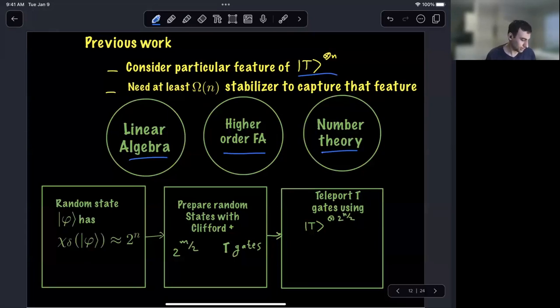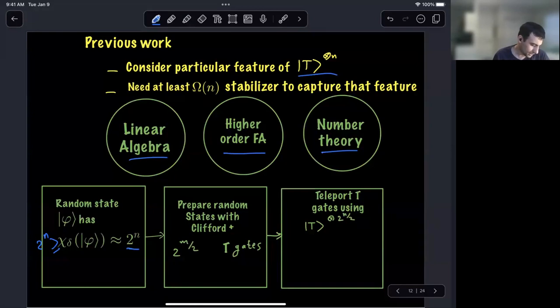And the interesting result that we could prove is that the stabilizer rank of a typical state, or typical Haar measure sample state, is almost 2 to the n. And if you remember, we had this upper bound 2 to the n. So it means that almost all states, the stabilizer rank is very close to the maximum value.